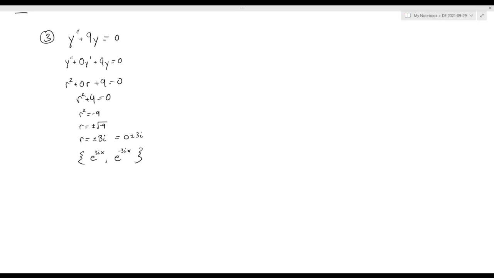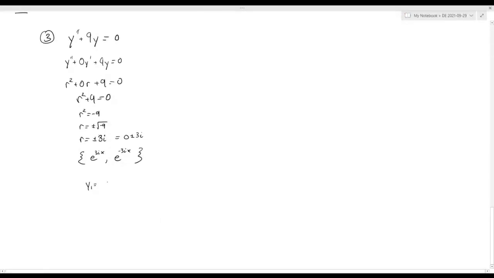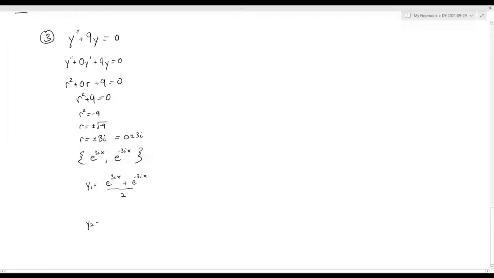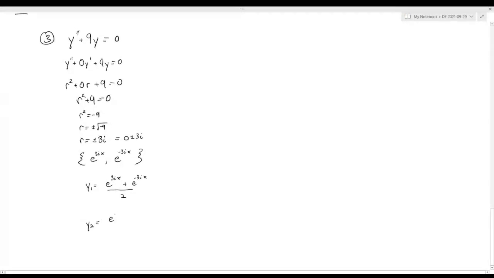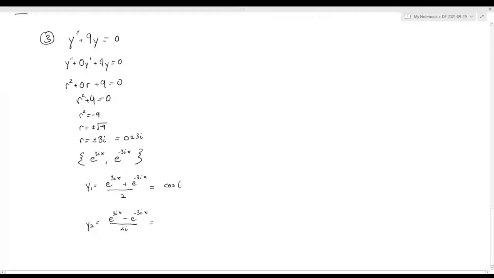So the idea is that if you choose a new solution y1 to be e to the 3ix plus e to the negative 3ix divided by 2, and y2 is e to the 3ix minus e to the negative 3ix divided by 2i, you might recognize these as the exponential form of cosine and sine, respectively. So this would be cosine of 3x, and this is sine of 3x.